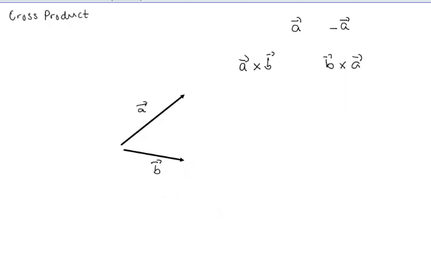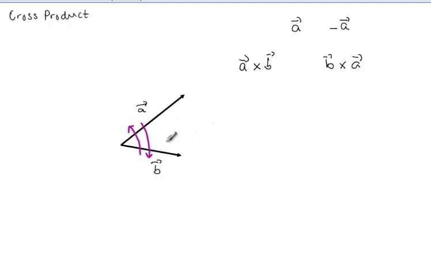Right. Let me do this. Let me put this vector this way. Now, let's talk about, let me do this again and put a line here. We can talk about cross product in this way, or we can talk about cross product in that way.